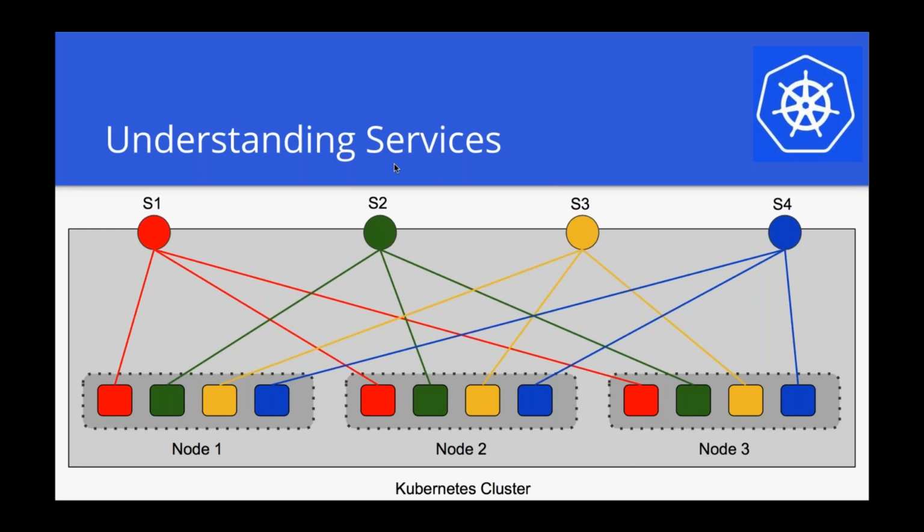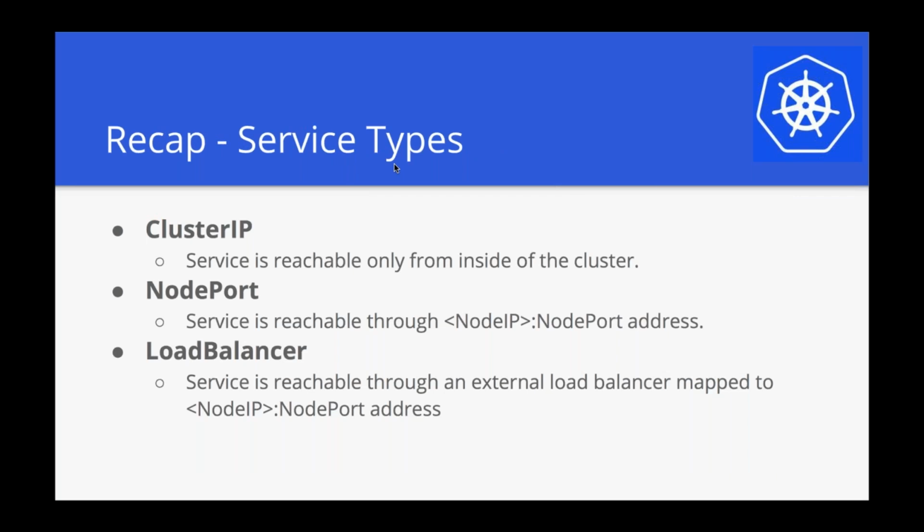So when the service endpoint S1 is hit, because of its label selector nomenclature and association, it will route the traffic to any of the red pods deployed in any node. So the concept is there are external services, then there are internal services. Going ahead and mapping them to the actual vocabulary of Kubernetes, the services that are reachable only within the cluster are called ClusterIP.